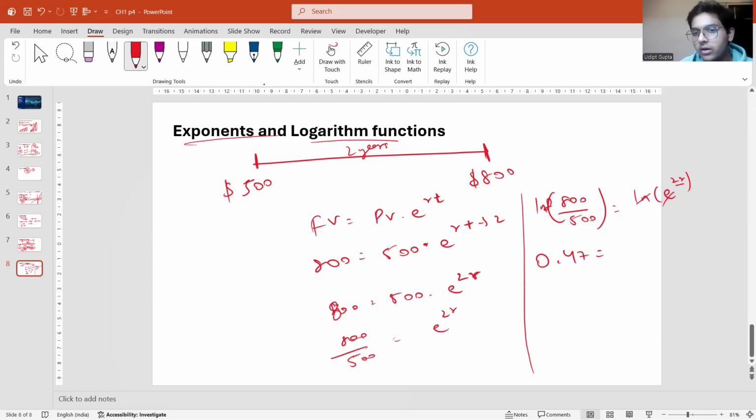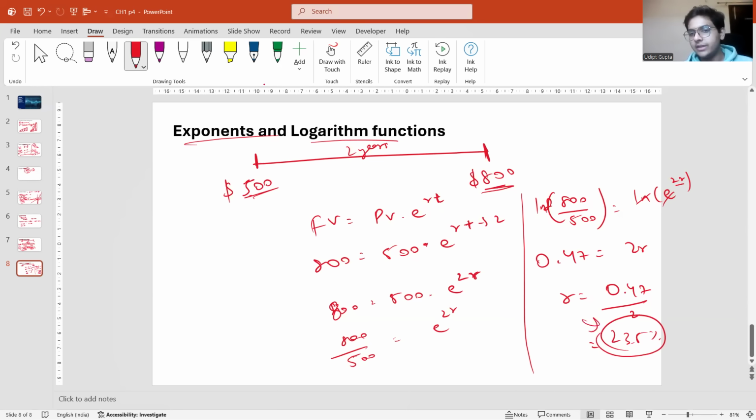What do I get? 2r, and then for r I get 0.47 divided by 2, which is 23.5%. So I'm getting a continuously compounding rate of 23.5% per year, per time period. And this is how my $500 becomes $800 in 2 years with this rate.